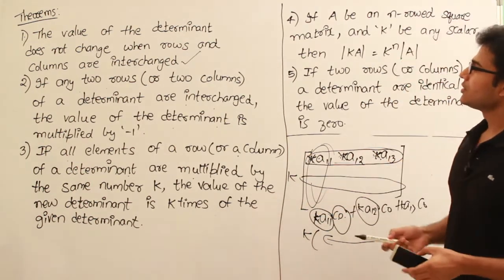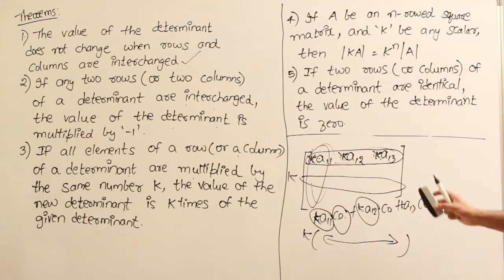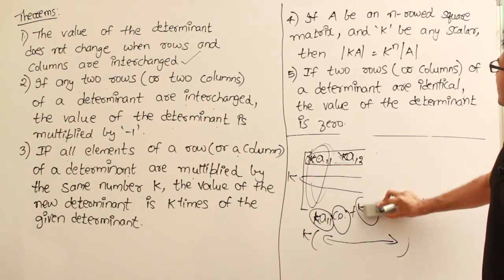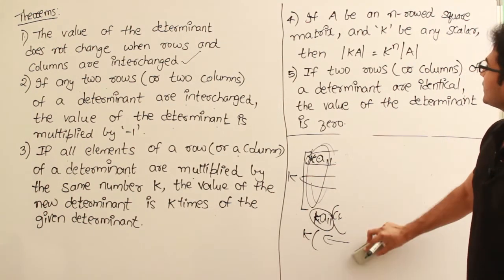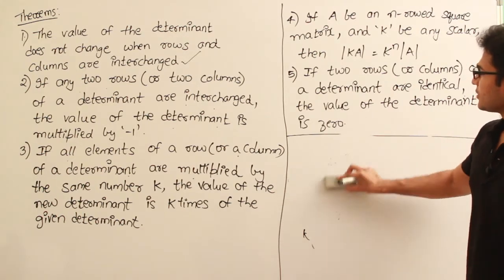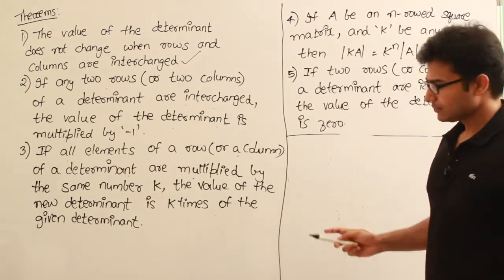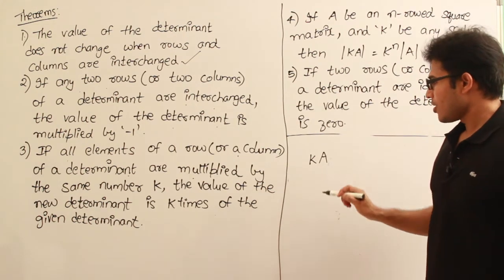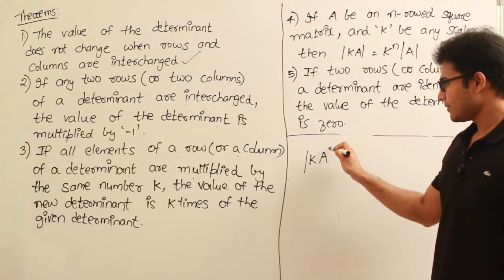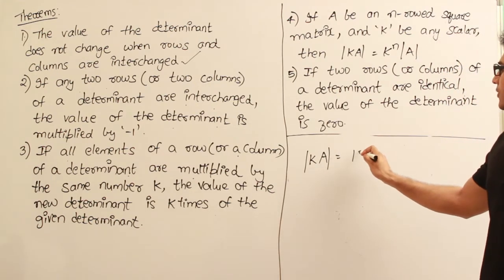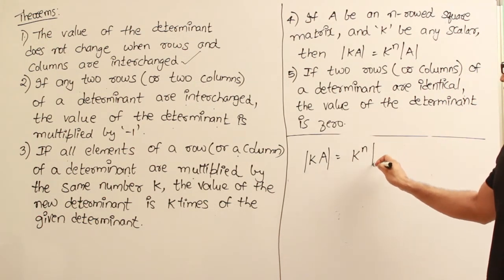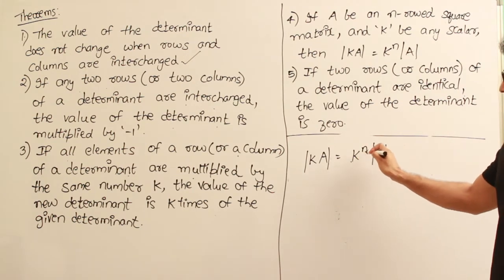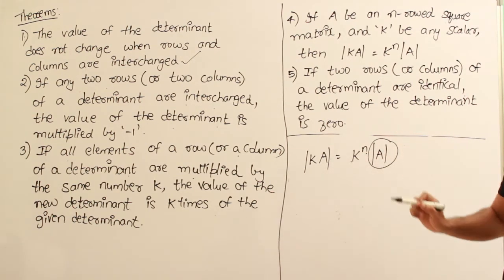And an extension to this point is the next one. If A is an n ordered square matrix and k is any constant, then if you multiply all the elements of the matrix A with k, the determinant of the resulting matrix is nothing but k power n into the determinant of the original matrix.